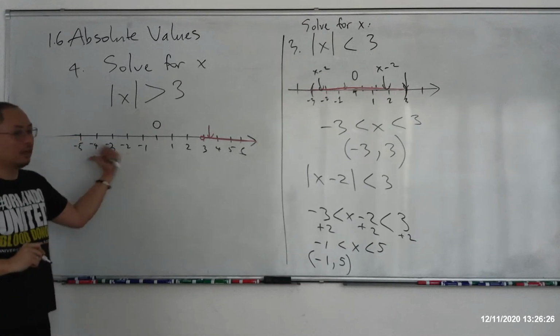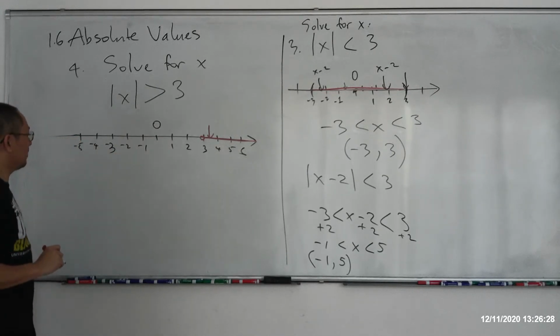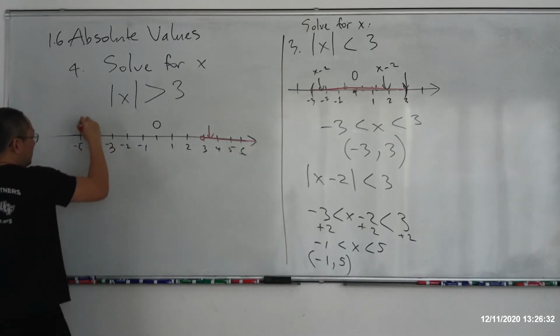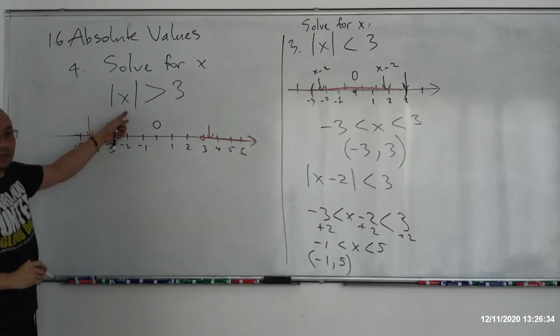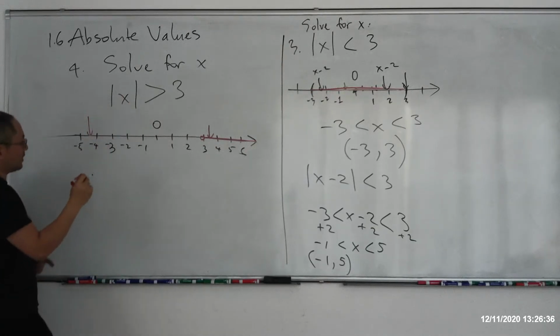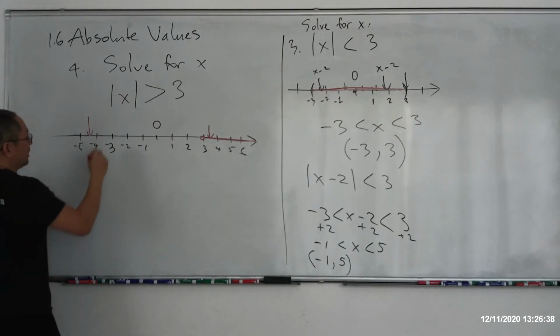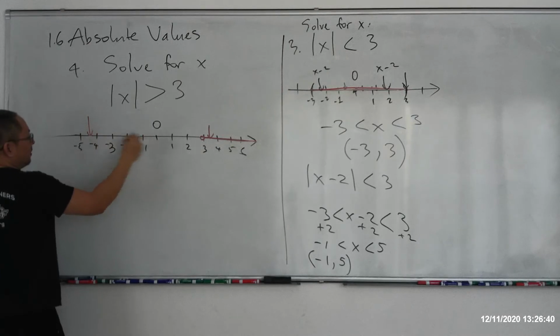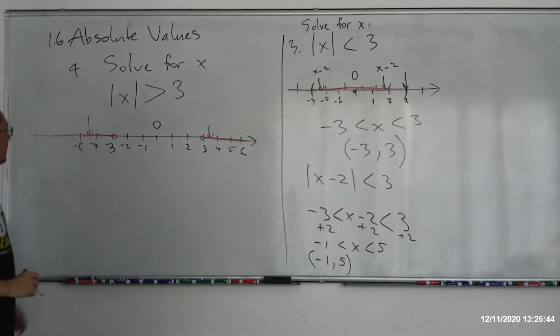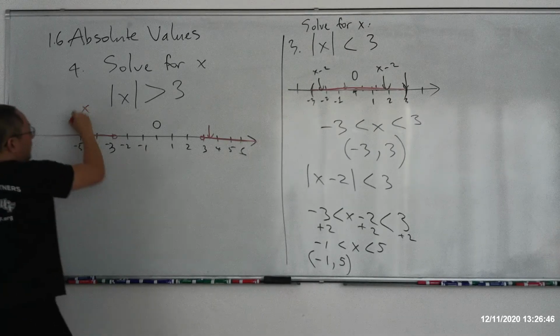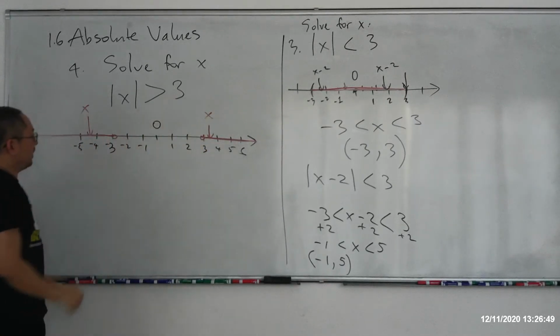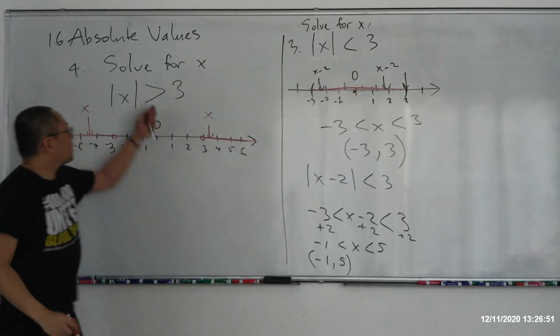Things work symmetrically on the left-hand side. If x is somewhere right here, say negative 4 point something, the distance is still bigger than 3. You can go as close to 0 as negative 3, and all the way to the left. Any value of x smaller than negative 3, or any value of x bigger than 3 will satisfy the inequality.